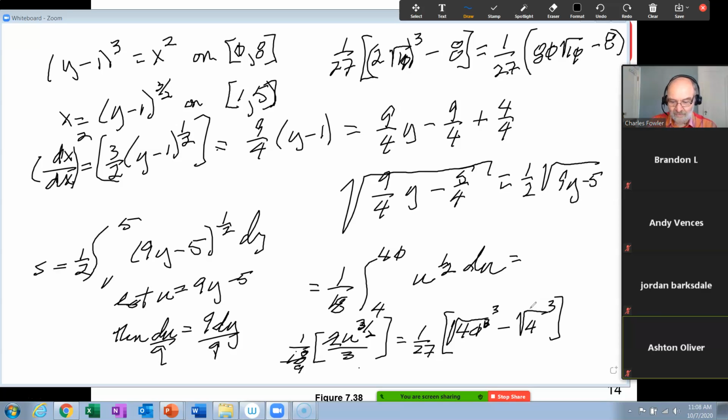Let me just try it brute force without. 80 times 10 square root minus 8, yes, that's working better, equals, and then divide that by 27. 9.073. Yes, that's exactly what they got. So my answer is the same as theirs, which you probably figured it was.